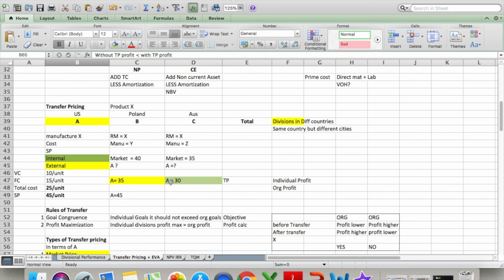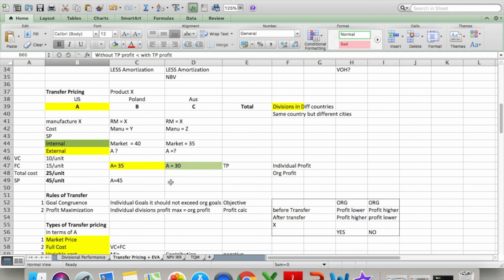So if managers make a decision, they will have to be responsible for it. So negotiated pricing prevails in most countries, other than market price and full cost, which are also a part of decision making. Transfer pricing is set by the organization's head office at certain times when the product might be unique or rare, and there may be other circumstances where market price and full cost are used.